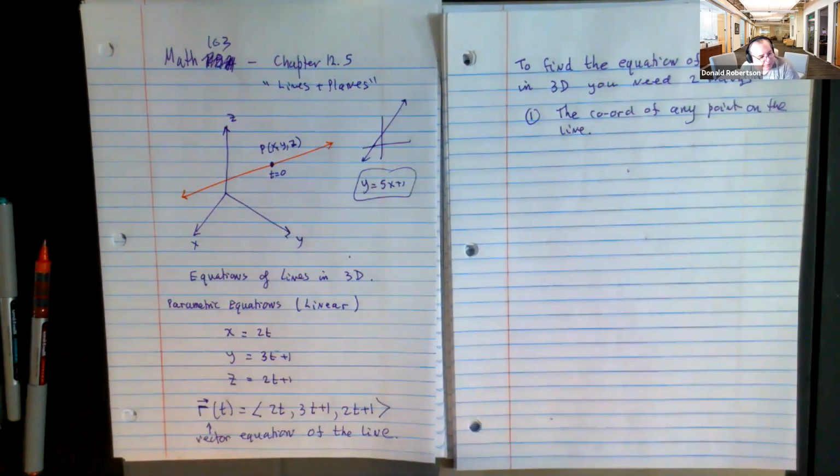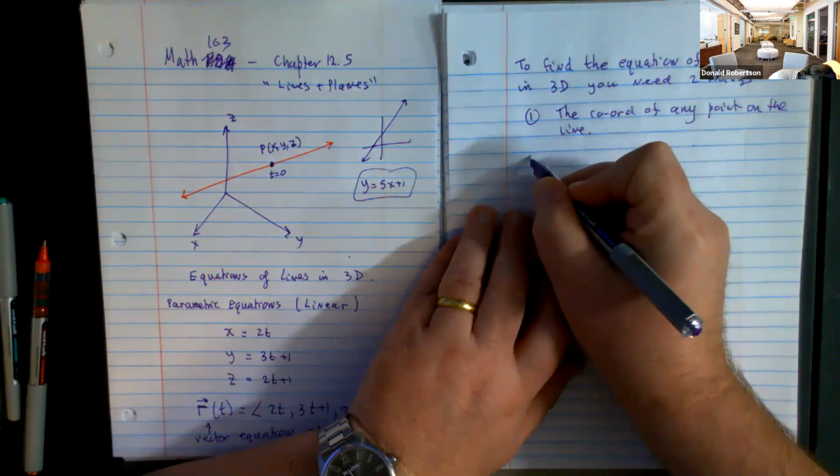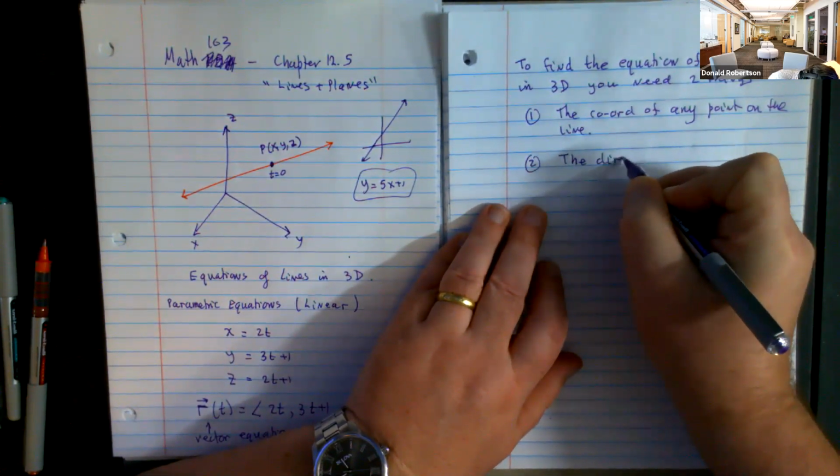Just tell me any point. Find a point on the line, tell me its coordinates. I need to know that. And 2, what's called the direction vector.